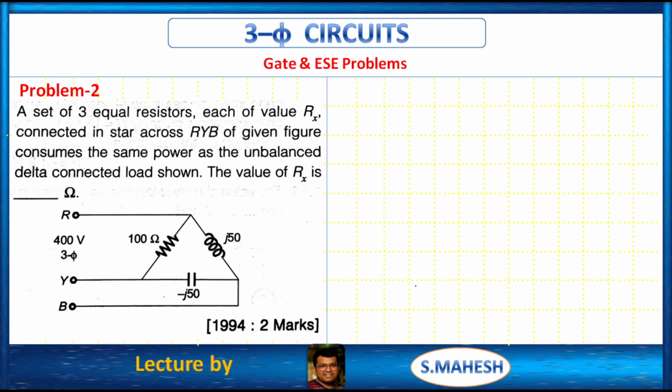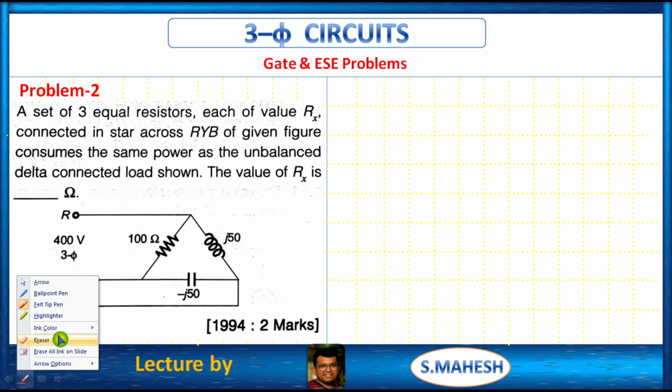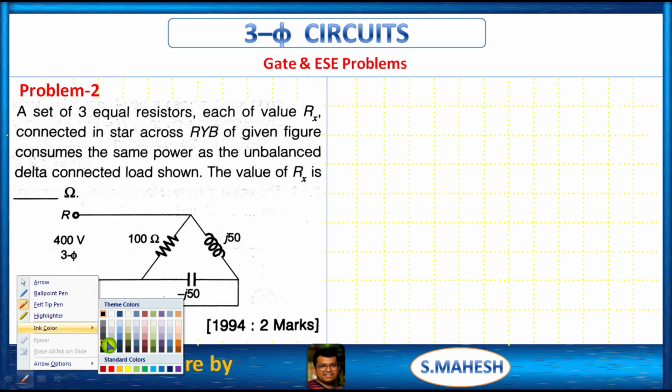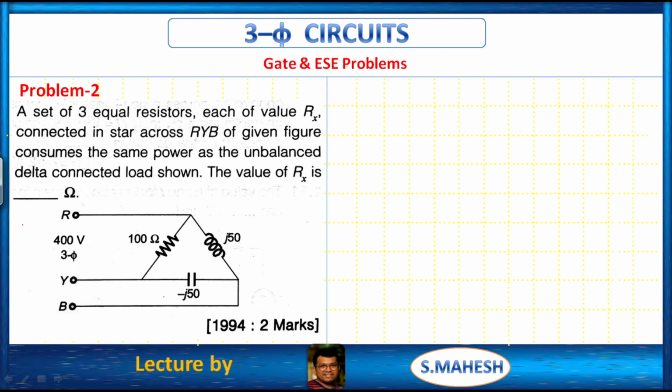Next, a set of 3 equal resistors, each of value Rx, connected in star as in the given figure, consumes the same power as the unbalanced delta connected load shown below. Then the value of Rx is what? It means we have a star connection in this branch, right?